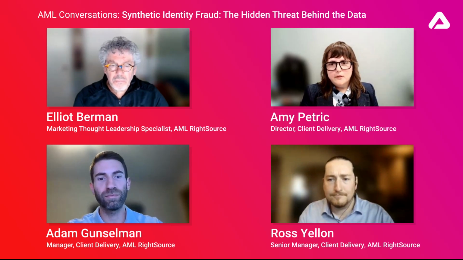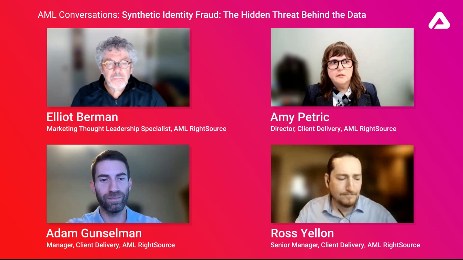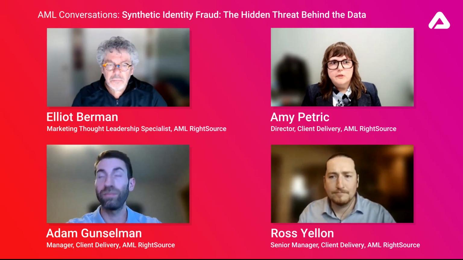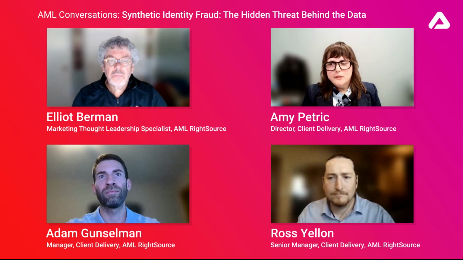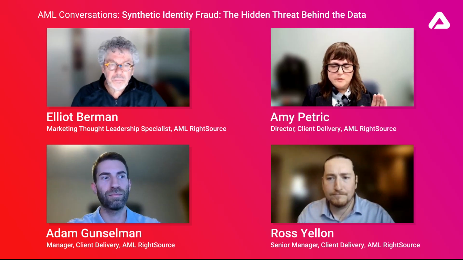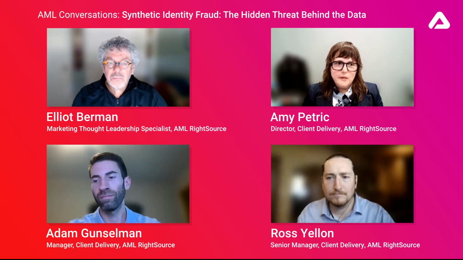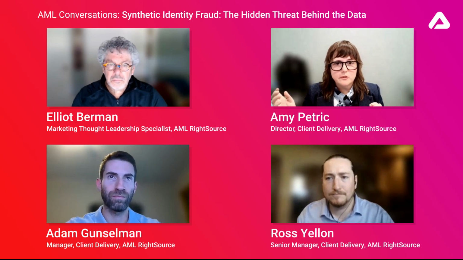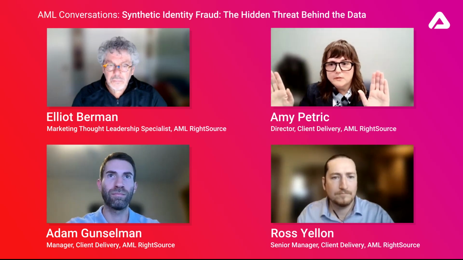Yeah. And I think both Ross and Adam touched on this, which was automation is being used a lot for the initial screening, but you still need that human eye. Adam talked about how we'll see people using AI-generated pictures, and the computer is just looking at, does this face match this face?